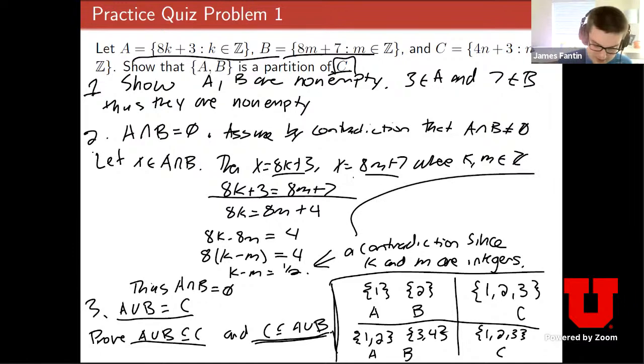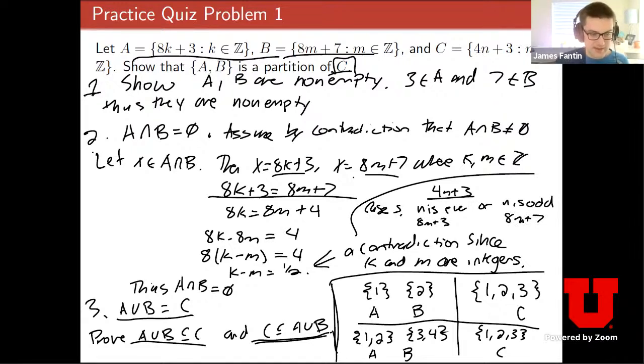To show that it's of the form 8k plus 3 or 8n plus 7, you break up into the cases: n is even, or n is odd. In one case, you'll show it's of the form 8n plus 3 when it's even. And when it's odd, you'll show it's of the form 8m plus 7. And that's how you do the subset.